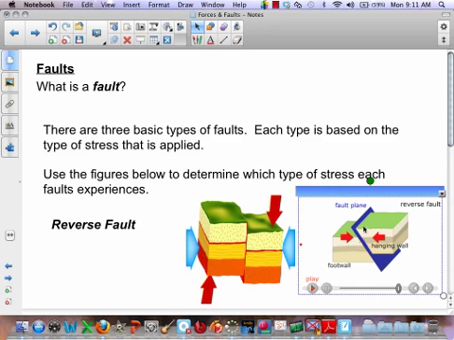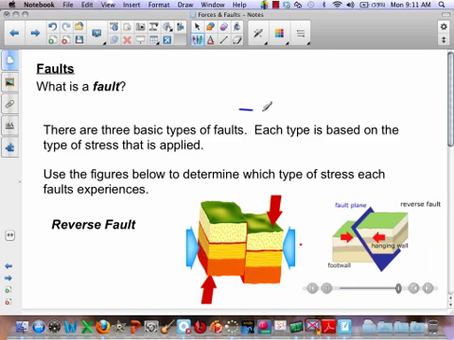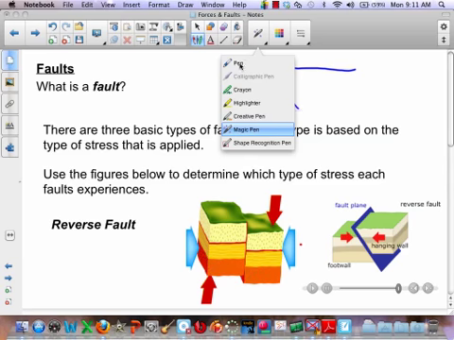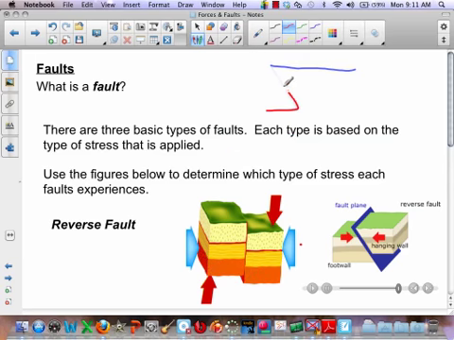Now, that open face right there, if you can imagine this being on the other side, looking at that, what you're kind of looking at then is a shape like this. You have this hanging wall right here. This piece is called a fault scarp.